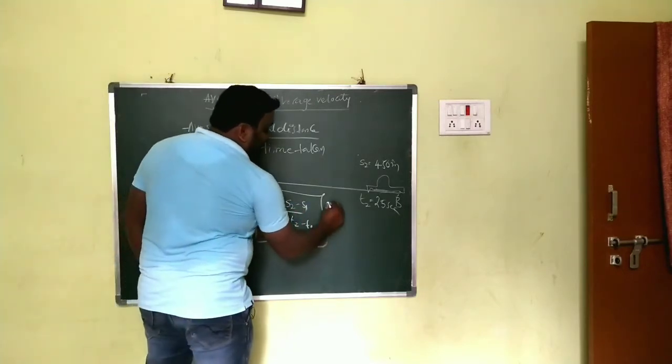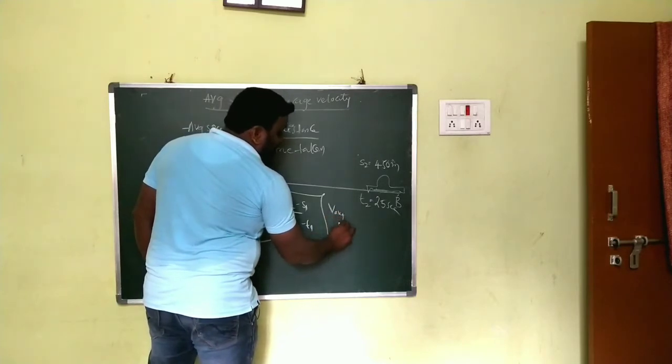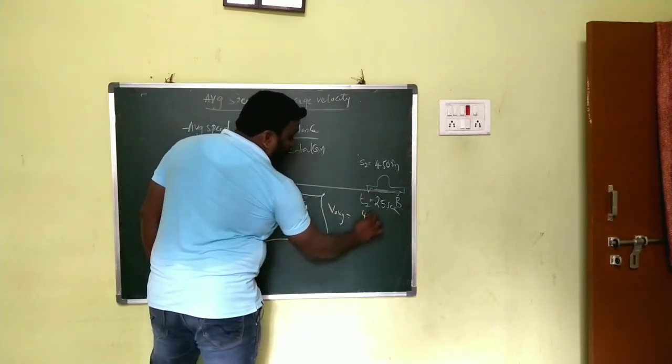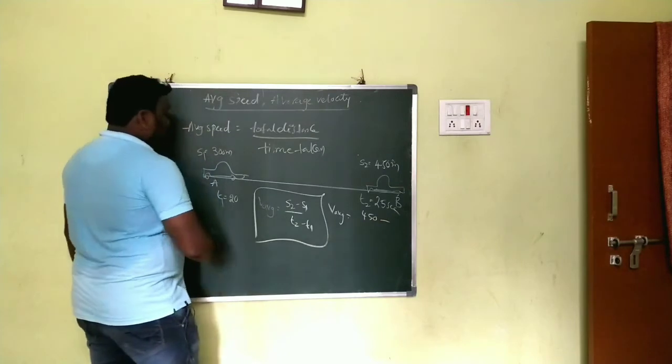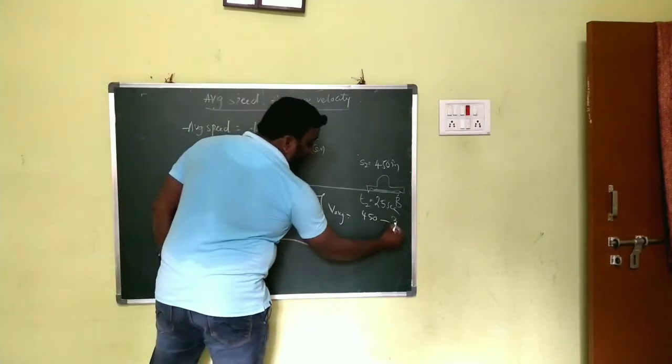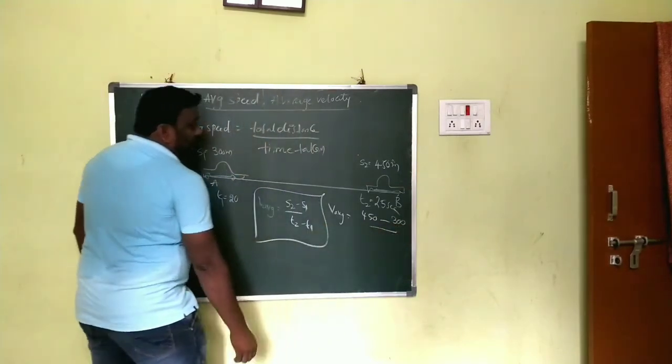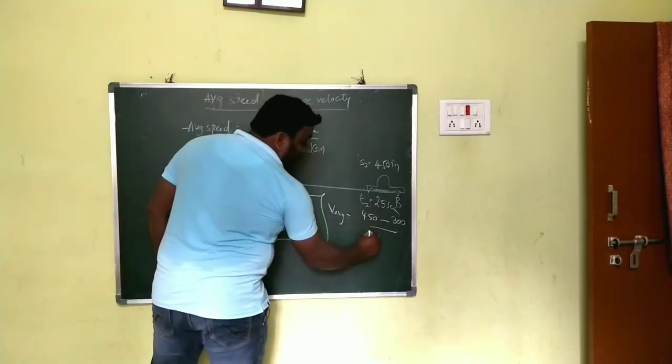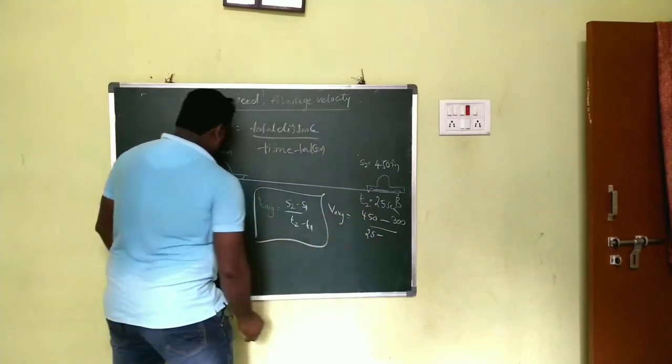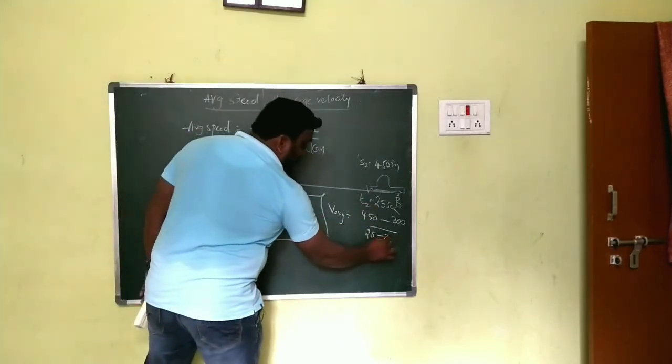Substitute: V average equals S2, which is 450, minus S1, which is 300, by T2 minus T1, where T2 is 25 and T1 is 20.